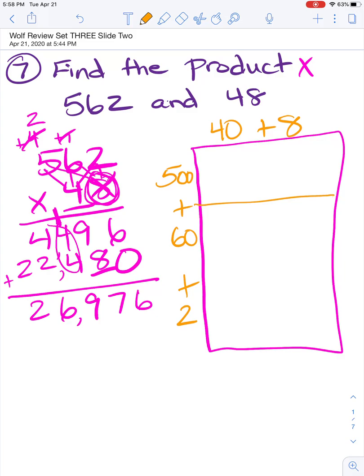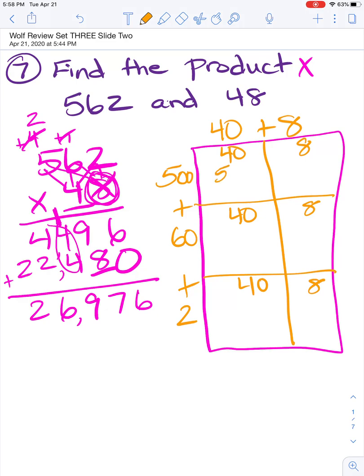Don't forget your addition signs. Where those addition signs are is where our lines are going to go. Going down, we're going to put 40, 40, and 40, and 8, 8, and 8. Going across, we're going to put 500 and 500, 60, 60, 2 and 2. We're just expanding these.